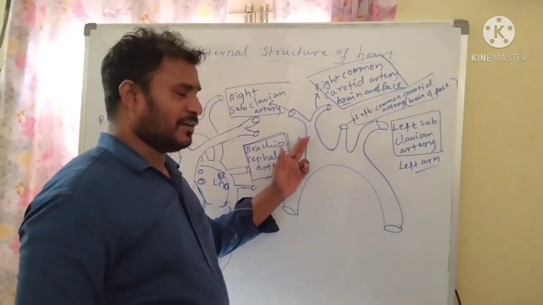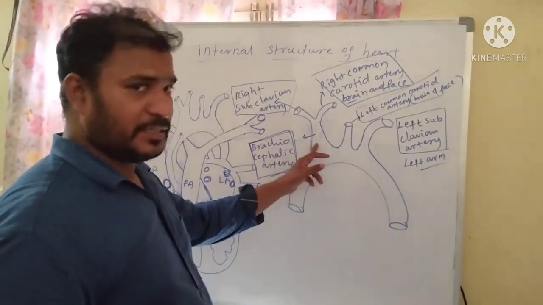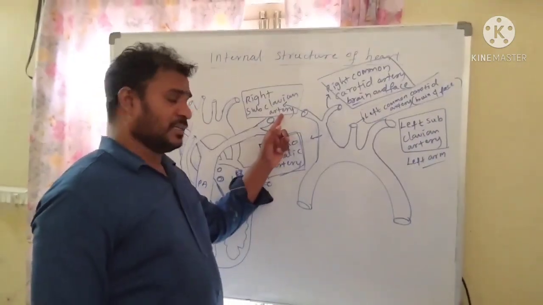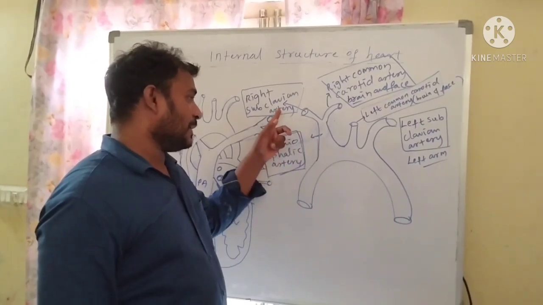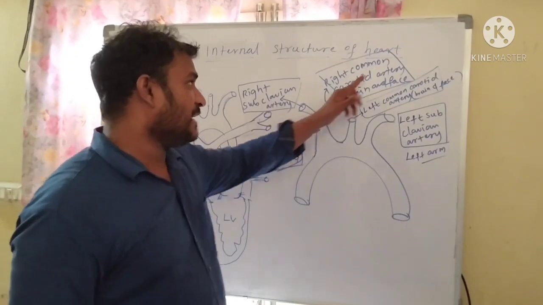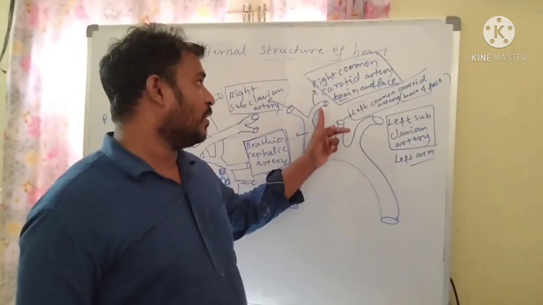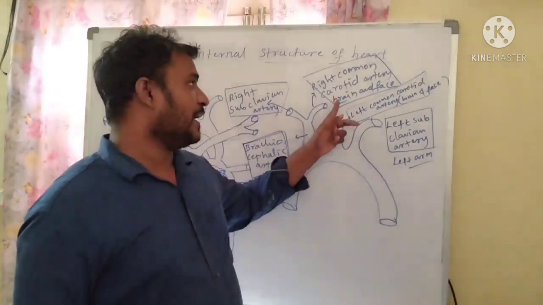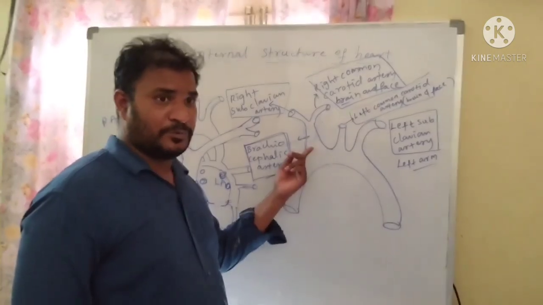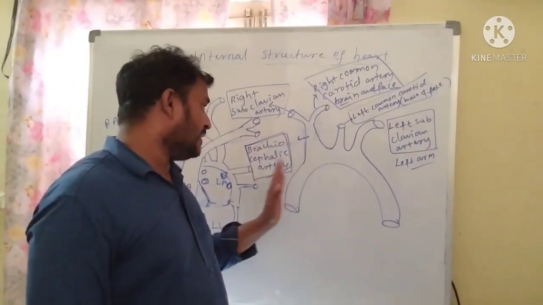This brachiocephalic artery divides into two branches again. The first one is the right subclavian artery, which supplies the oxygenated blood to the right arm. And the right common carotid artery supplies the oxygenated blood to the brain and face. Especially the brachiocephalic artery supplies the blood to upper body parts like neck, head, face.